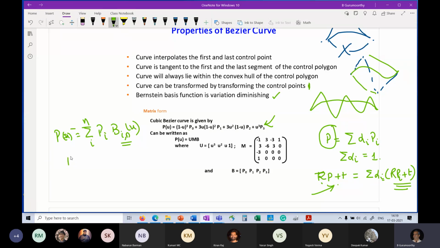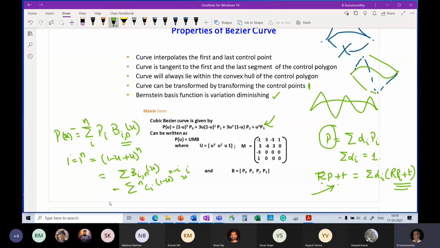So 1 equals 1 power n. That's a truism. That's equal to (1 minus u plus u) power n. And this, if you remember your binomial theorem, is nothing but sigma of the Bernstein terms. Okay, I'll just expand this. This is nCi (1 minus u) power n minus i, u power i.